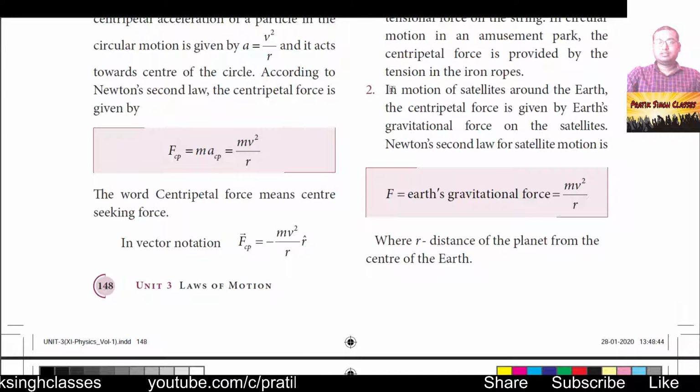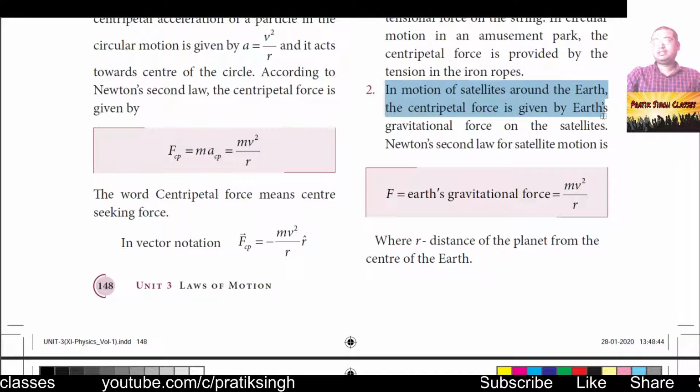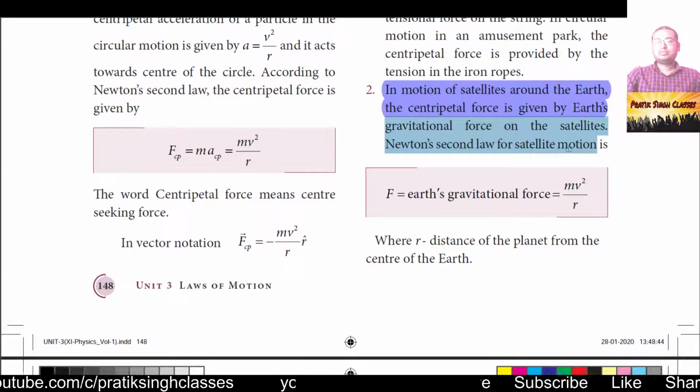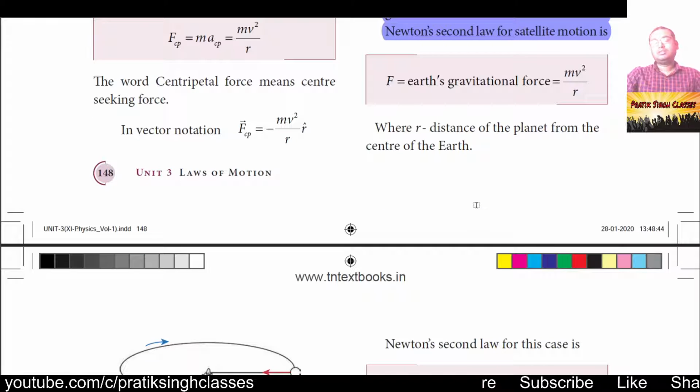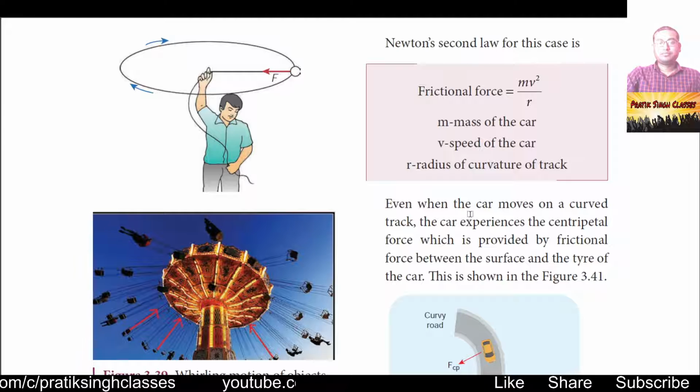For the motion of satellites around the earth, whether a natural satellite like the moon or any artificial satellite, the gravitational force on the satellite acts as the centripetal force. From Newton's second law of motion, F, the earth's gravitational force, is equal to mv square by r, where r is the distance from the center of the earth to that celestial object or satellite.